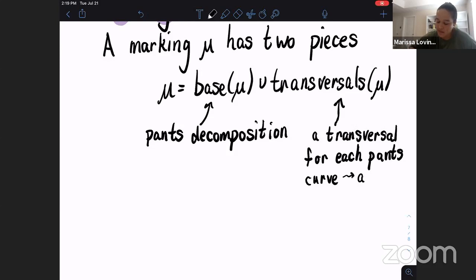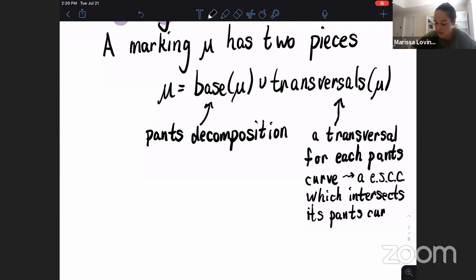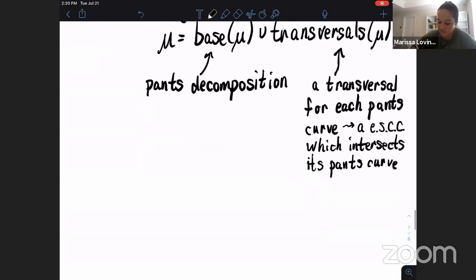It's an essential simple closed curve which intersects its pants curve minimally, so really just once or twice, and doesn't intersect any of the other pants curves.